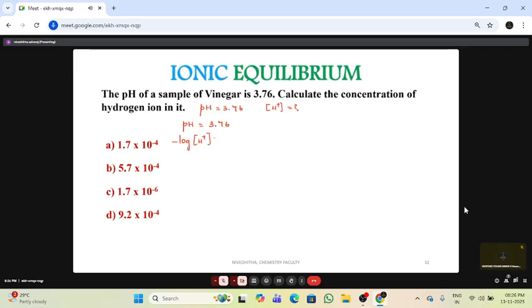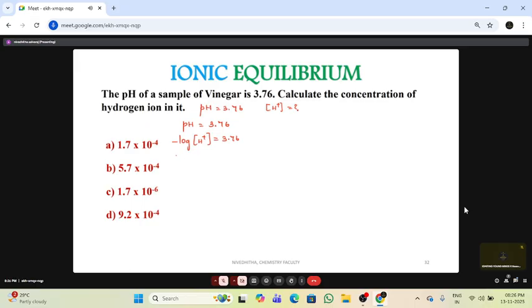So minus log of H+ ion is equal to 3.76. So we have to calculate H+ ion, right? So we have to have H+ ion on the left and bring all the parameters to the right. So first of all, multiply this equation throughout with a negative sign.